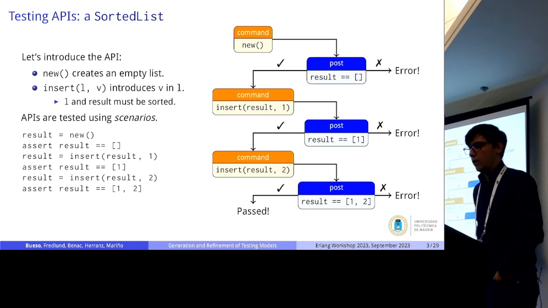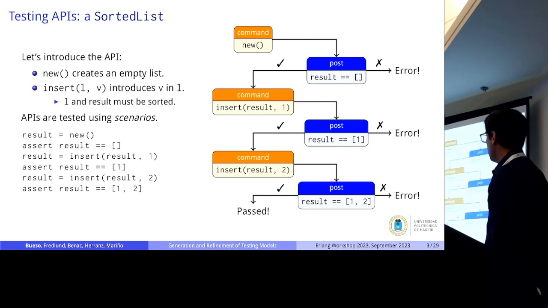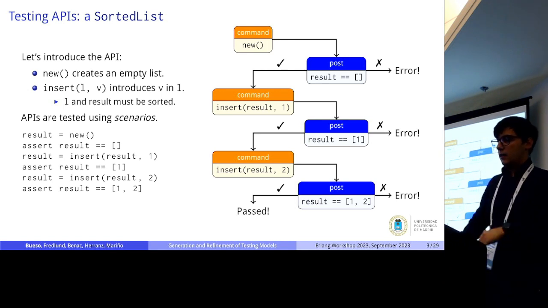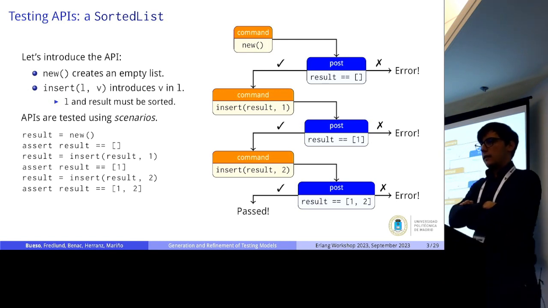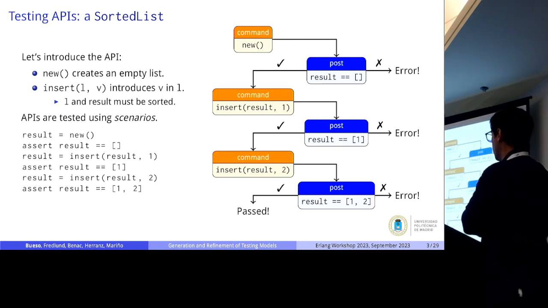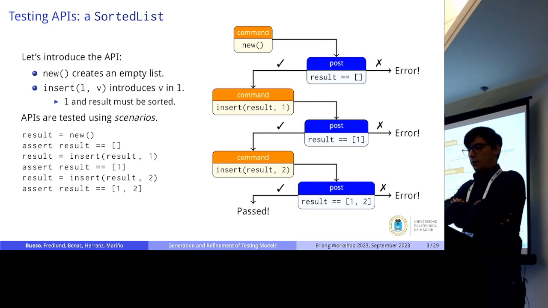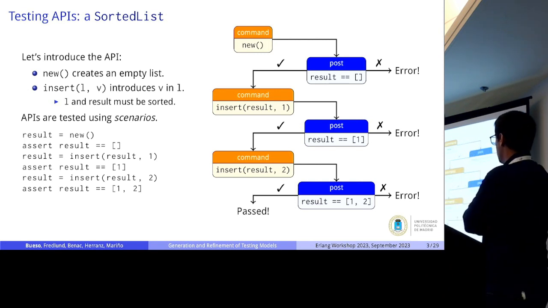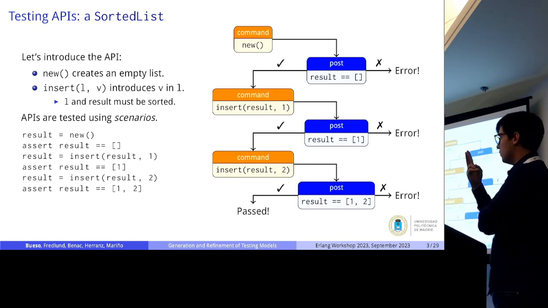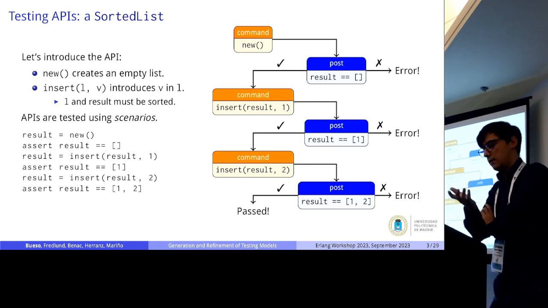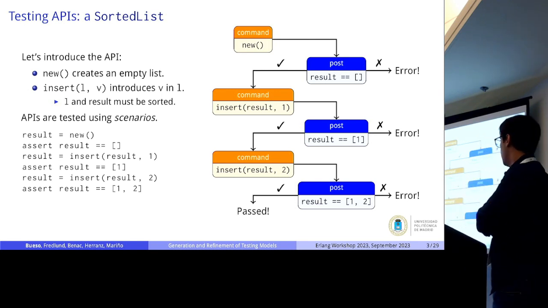So now I will introduce you to the API that we are going to use during this presentation. Normally when we want to test APIs, we write what we will call scenarios or test cases. For example, here we have this API which has two functions, a function to create lists and a function that inserts values into the list.